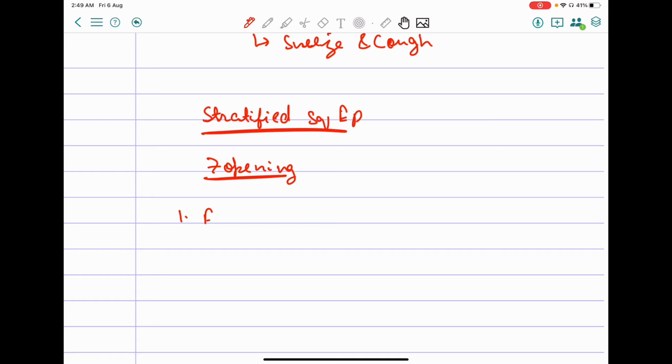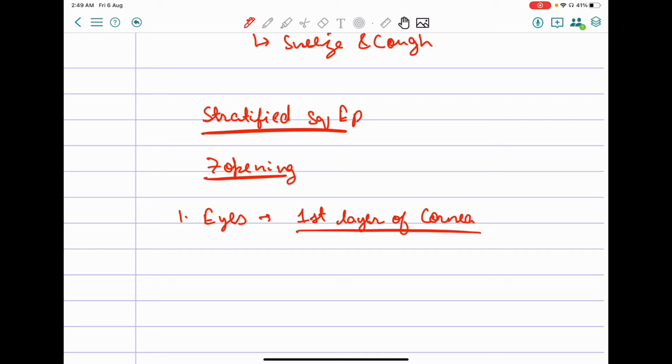First one is eyes. In eyes, where is it found? These are found in the first layer of cornea. The first layer of cornea is made up of stratified squamous epithelium.